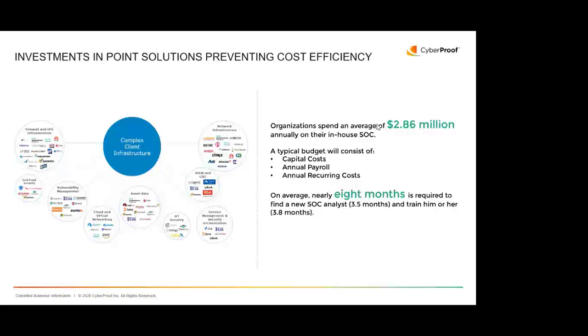We've ended up in an environment with dozens of different point solutions, as well as a much more complex IT infrastructure. And the cost of labor has gone up significantly, and even finding people with these skill sets is a challenge. A good ArcSight engineer can cost $180,000 a year, and hiring one and that job search can easily take 6 to 8 months. So it's a problem of complexity.